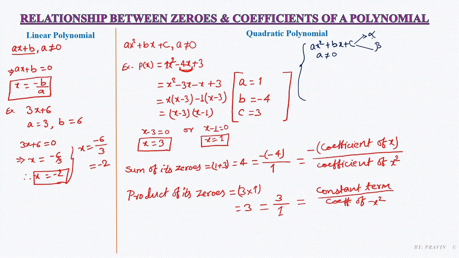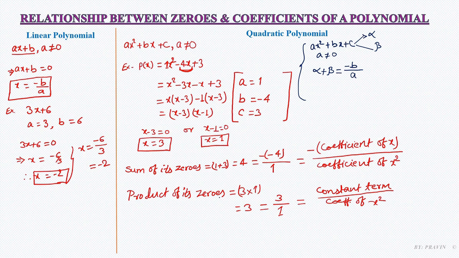Since alpha and beta are zeros, the sum of zeros is alpha plus beta, and that is minus the coefficient of x. The coefficient of x here is b, so minus b, divided by the coefficient of x square, which is a.